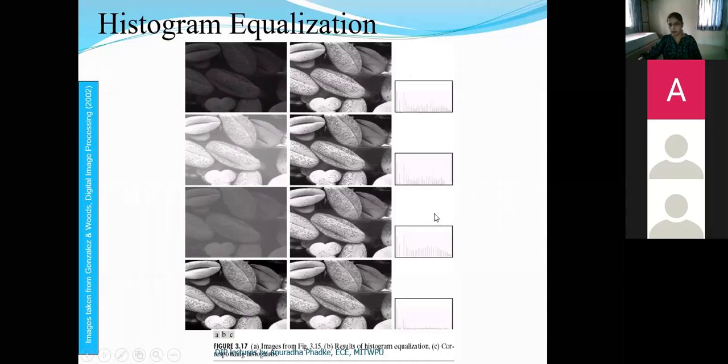So these four histograms are not exactly identical, but they are more or less similar, and mainly they are approximately uniform in nature, and that's why these resultant images have very good contrast.